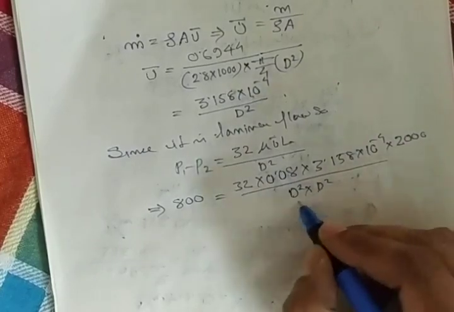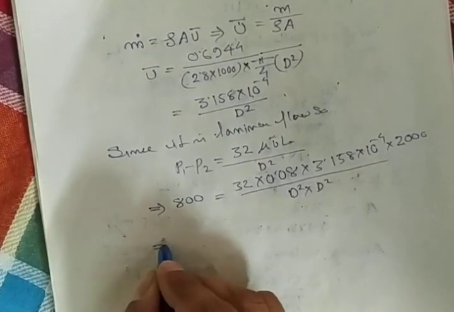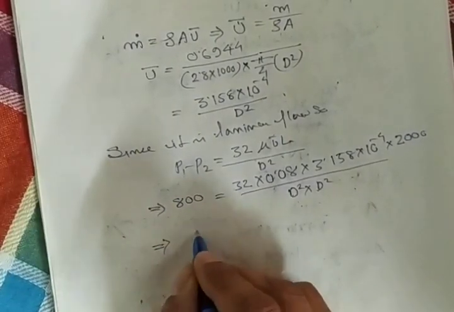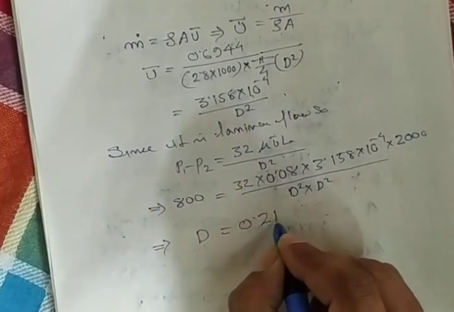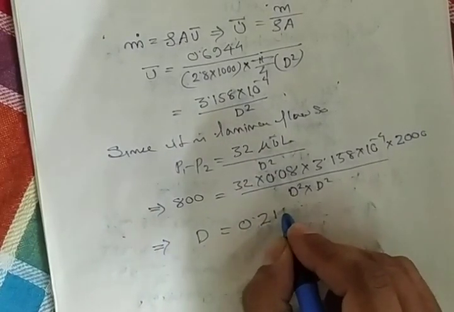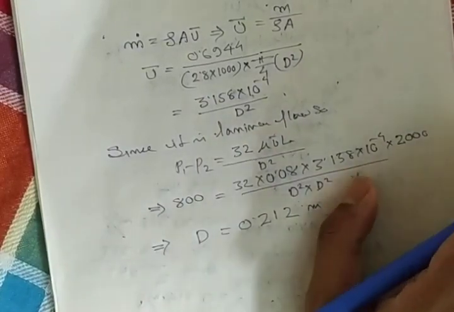This d square is for this one and d square for this one. And if you do the calculation here, d will be 0.2125 meter.